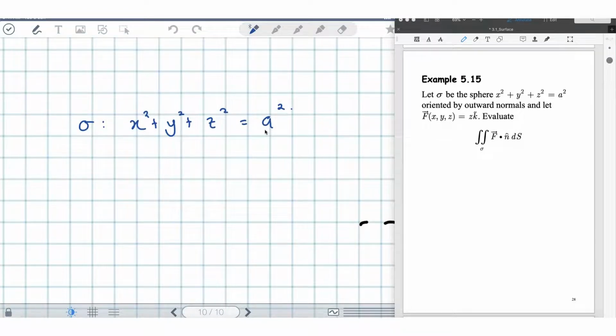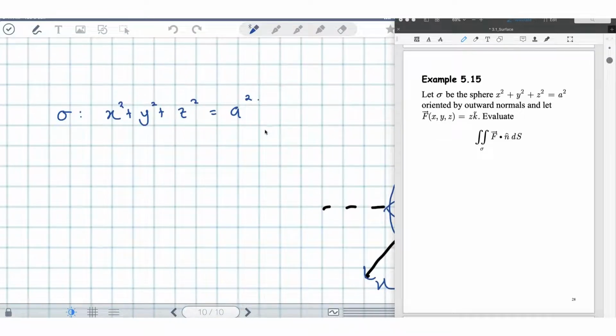First and foremost, you have to decide what type of equation of the surface you have: x equal to, y equal to, or z equal to. In this case, I decided to have z equal to.